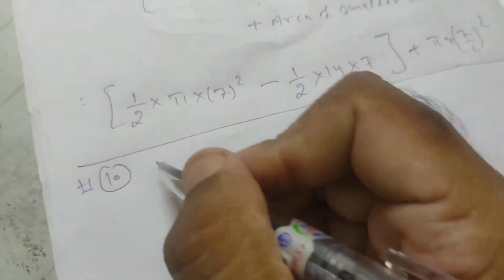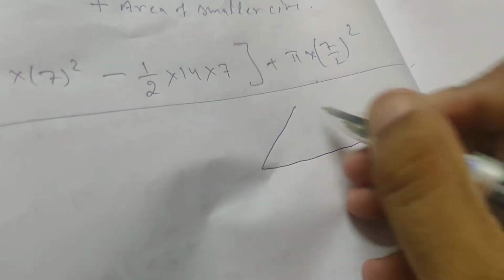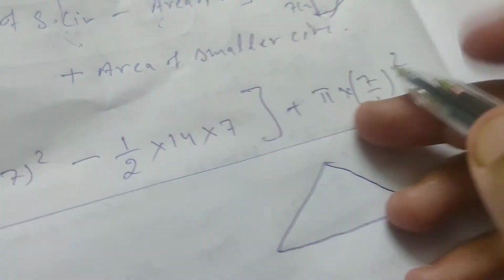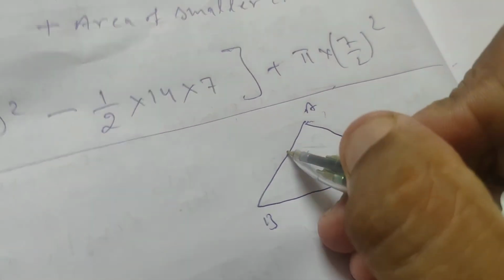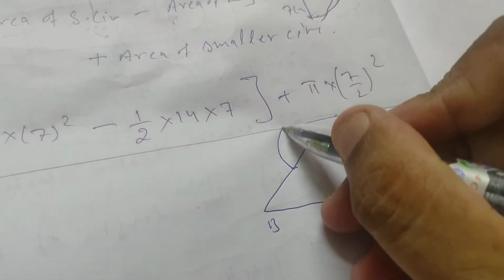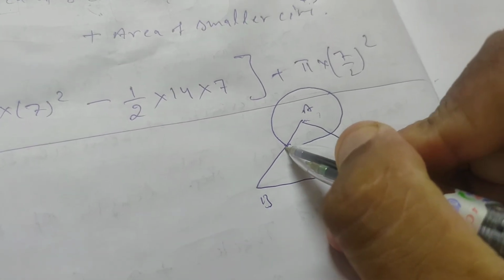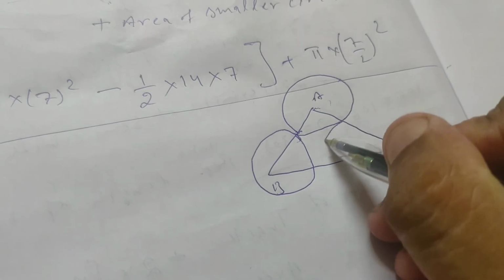Firstly beta, the area of the equilateral triangle is given. We have this ABC, A, B, C. Just a minute. One circle is that, one circle is that, one circle is that.